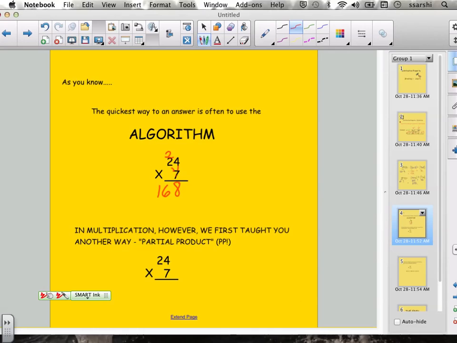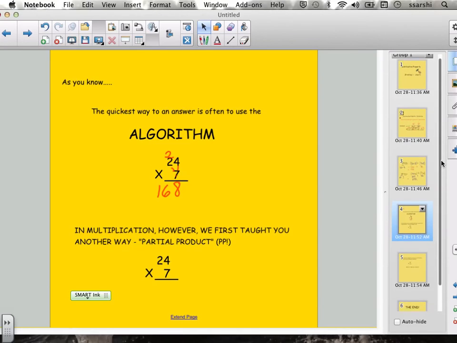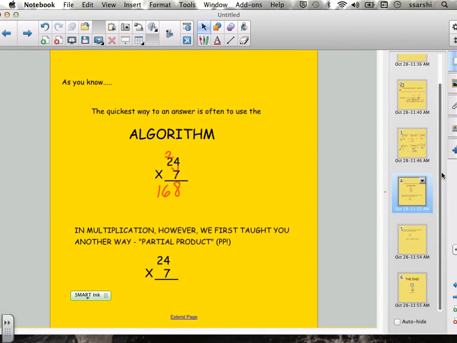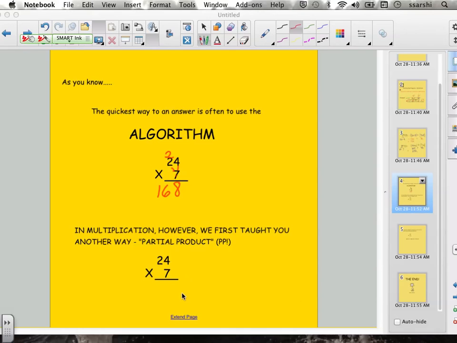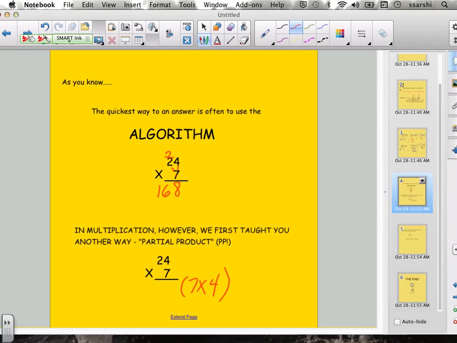But in multiplication, before we taught you that algorithm, we taught you the partial product way to do this. I think I'll move my screen recording sign. You would have said here, first you would have gone 7 times 4. 7 ones times 4 ones is 28.